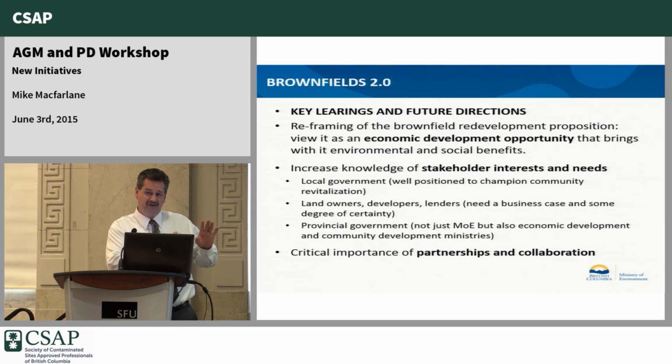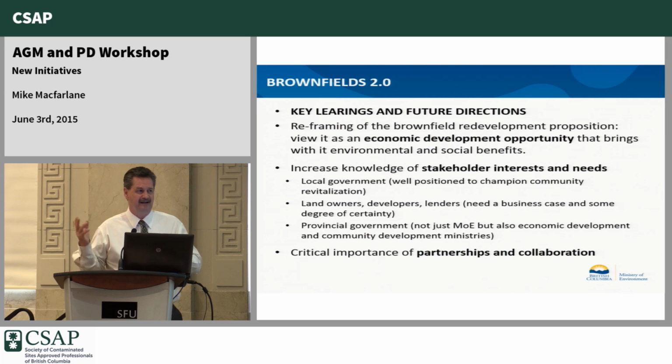Brownfield Strategy 1.0 was looking at an economic return on investment of about $4.5 for every dollar invested. In the US, they saw a $17.1 return on investment in 5 years for every dollar invested by the federal government. So there's a good development aspect. They cleaned up a ridiculous number of sites and created 90,000 jobs in a 5-year window. So when we start looking at those, it makes sense.